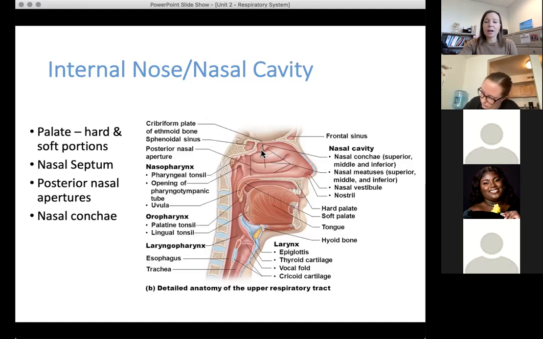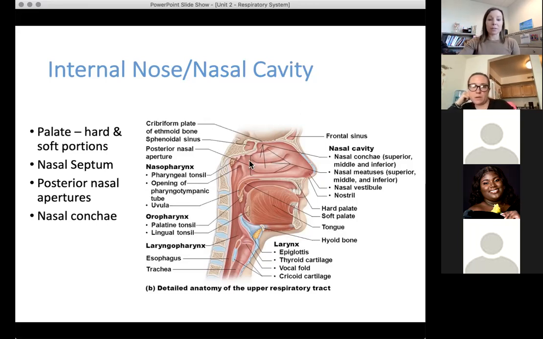Okay, and then you can see the nasal cavity leads directly into the pharynx, which is the upper throat located all the way back here. The opening from the nasal cavity into the pharynx is called the posterior nasal aperture. An aperture is like a fancy name for just an opening.